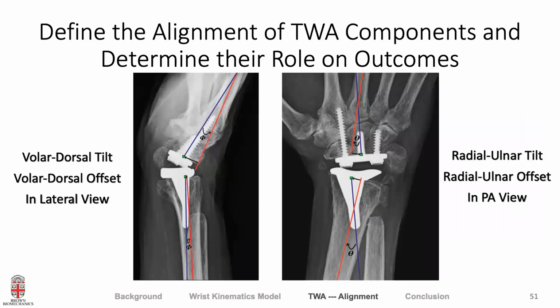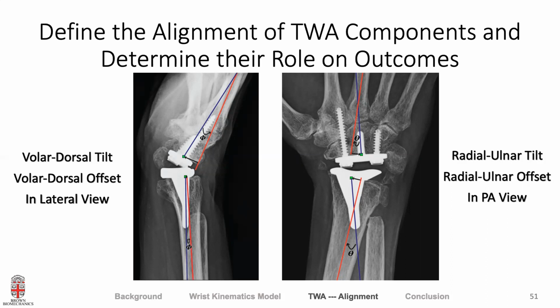So my main goal here was to assess the alignment of total wrist arthroplasty. And we wanted to define some measures for it and see if the malalignment is associated with range of motion or clinical outcomes. So we used two common X-ray images of the wrist. On the right, you see the posterior anterior view, and on the left, you see the lateral view of the wrist from the side.